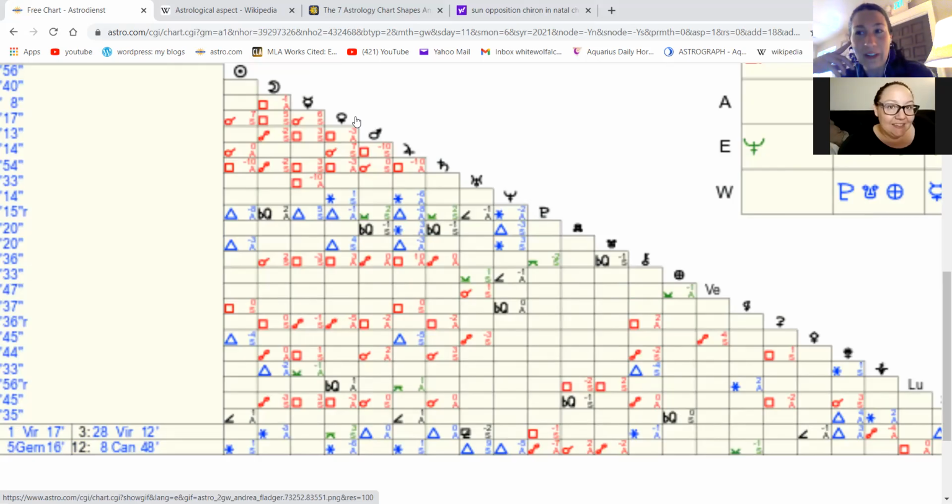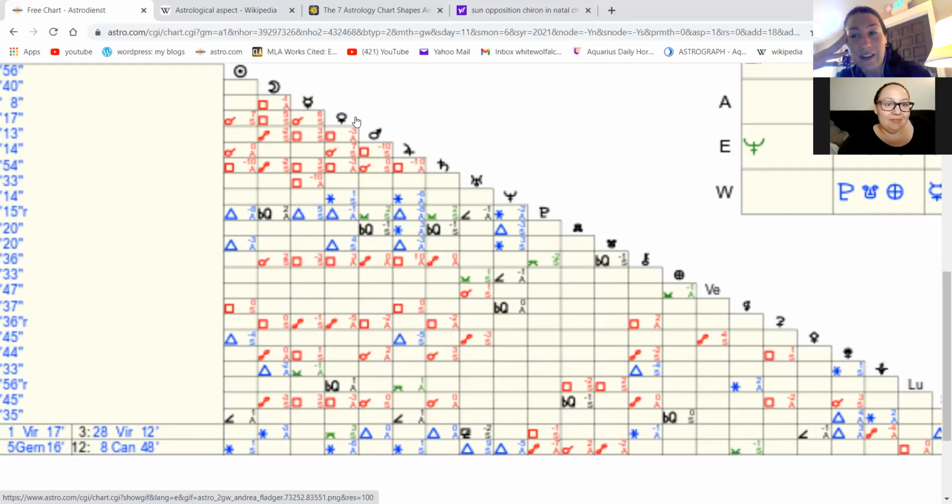So this brings up the next point. When you look at someone's aspects in their chart and they have a primary aspect, you can tell just by looking it over that this person has a hard life, or this person has an easy, harmonious life because they have all trines.